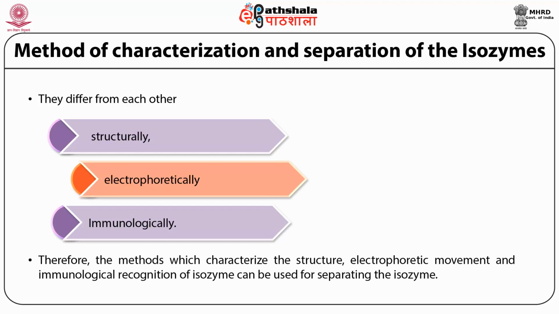Therefore, any method that characterizes structure, electrophoretic movement or immunological recognition of isozymes can be used to separate the isozymes, because they differ from each other in these properties.